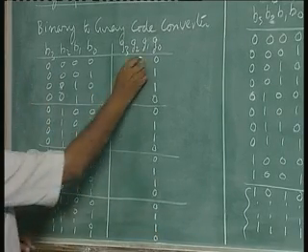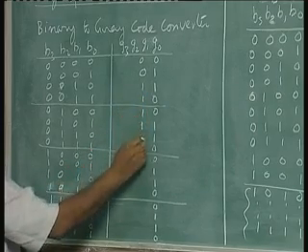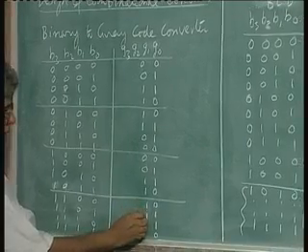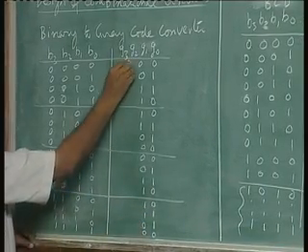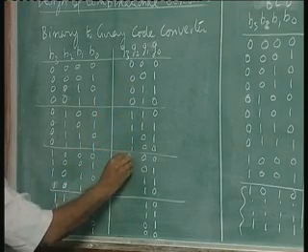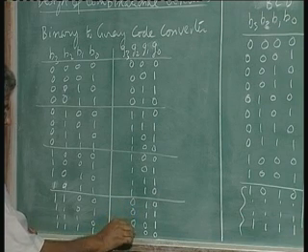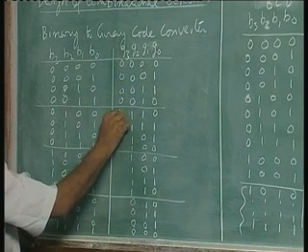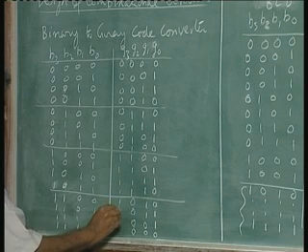The next bit, G1, will be 0, 0, 1, 1, 1, 1, 0, 0, 0, 0, 1, 1, 1, 1, 0, 0. G2 will be 0, 0, 0, 0, 1, 1, 1, 1, 1, 1, 1, 1, 0, 0, 0, 0. G3 will be 0, 0, 0, 0, 0, 0, 0, 0, 1, 1, 1, 1, 1, 1, 1, 1.